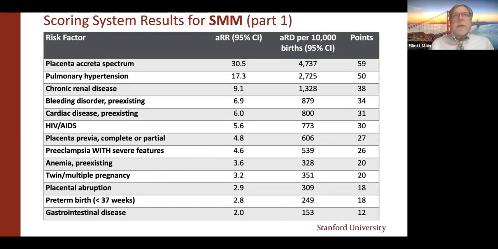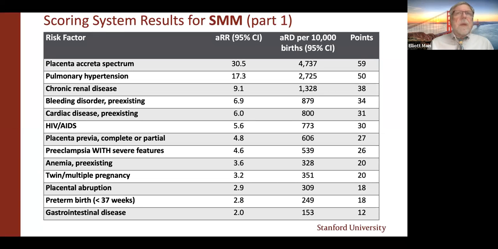So as part of the process, we developed a relative risk for each individual risk factor and a point scoring system which goes into establishing the risk for a particular patient. For example, placenta accreta spectrum has a 30-fold risk of severe maternal morbidity over the risk factor with the least risk, which is gestational diabetes at 1.01 and doesn't give you much additional risk.